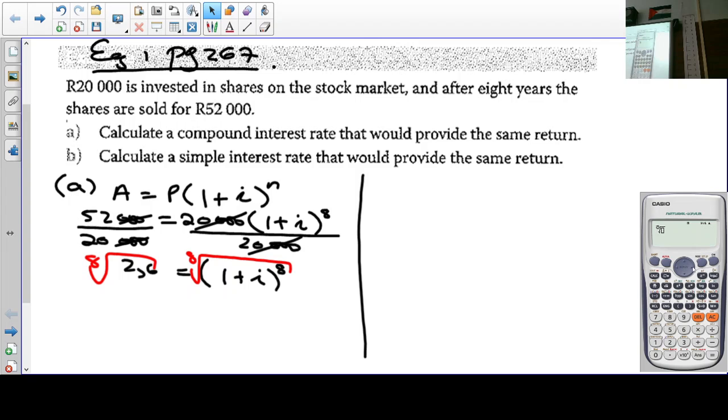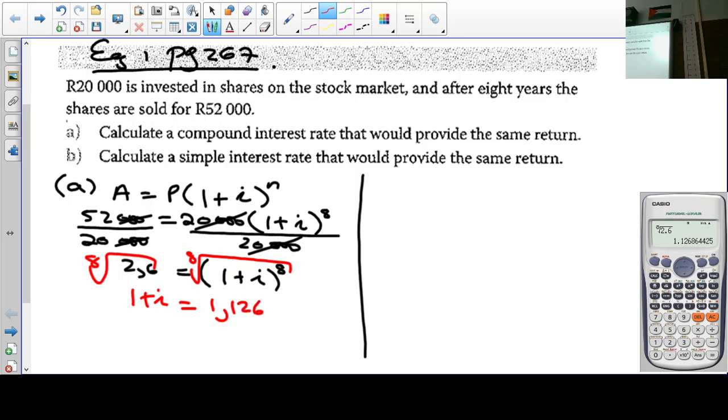It's going to give you 1.126, and the number carries on. So 1 plus i equals 1.126, and the number carries on. You can put 1.13, it's fine. But the reason why I'm keeping it like that is because I'm going to round off at the end.